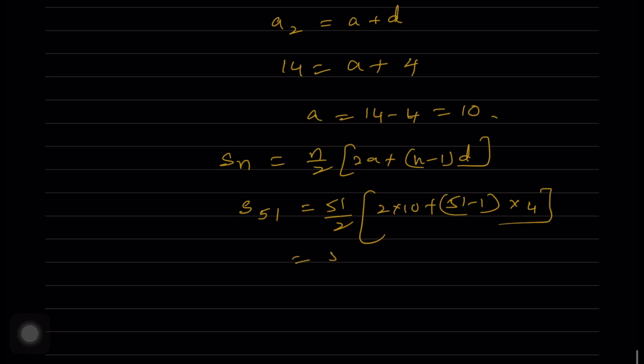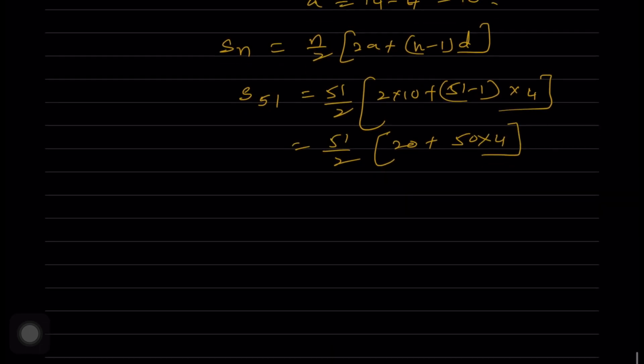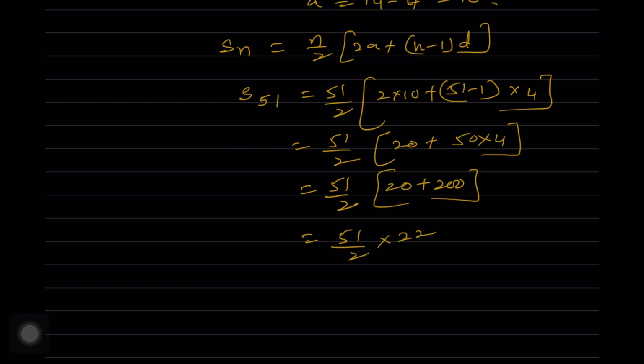So into 4, which is equal to 51 by 2 into 20 plus 50 into 4, which is equal to 51 by 2 into 20 plus 200, which is 220. So 51 by 2 into 220, you'll get it as 110. So 110 into 51 is 5610.